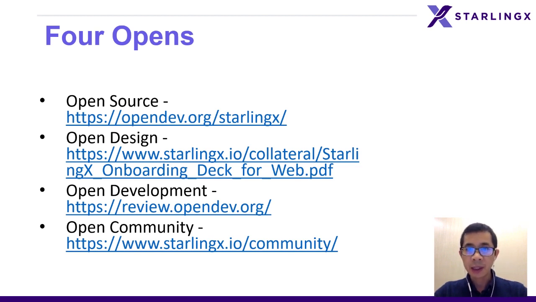Secondly, StarlingX has an open design, as we described on the previous architecture page. You can also get more information from the online deck. Then, the development process is hosted on Gerrit and open for everybody to review and comment. All in all, StarlingX is an open community, and we welcome all kinds of contributions by all means.